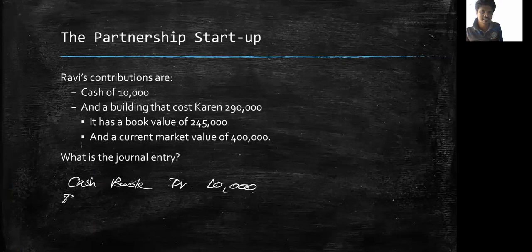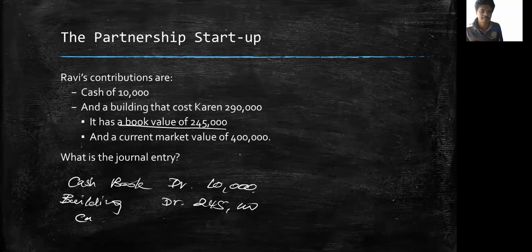Building debit, book value 240,000. Fine. Then capital account Ravi credit 255,000.